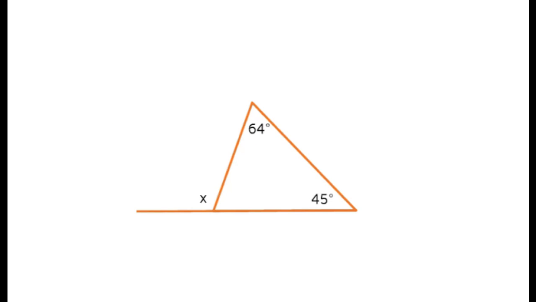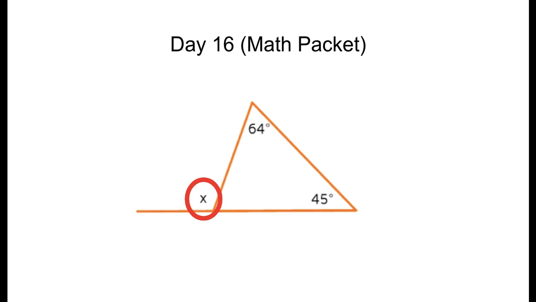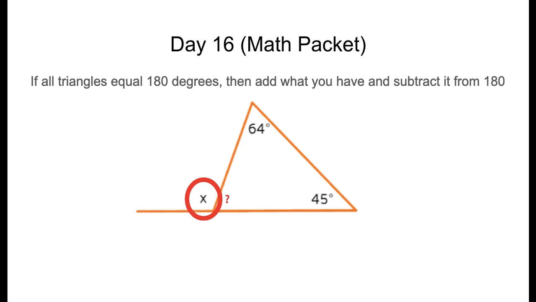So we're going to take this triangle, which is from day 16 of the math packet, and we are looking for what this exterior angle is equal to. And you may think, well, I may need to figure out what this interior angle here is equal to. But if all triangles equal 180 degrees, then add what you have and then subtract it from 180.